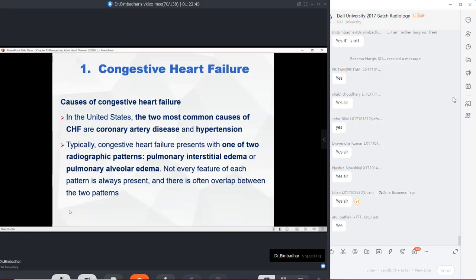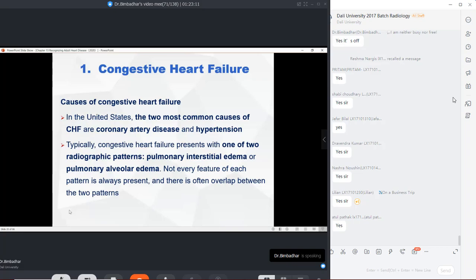We also call this condition CAD. Okay, coronary artery disease, and the predisposing factor with that one is hypertension. Any patient with hypertension is more likely to develop coronary artery disease, which eventually progresses down into congestive heart failure.